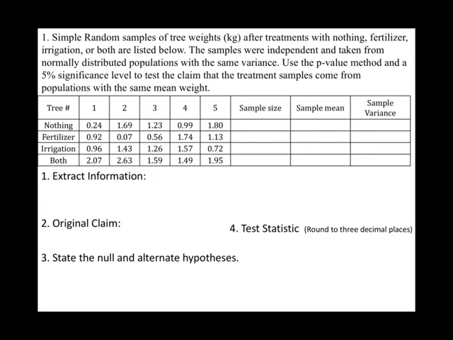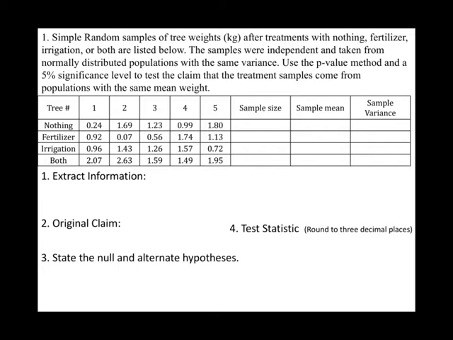Example 1. Simple random samples of chick weights after treatments with nothing, fertilizer, irrigation, or both are listed below. The samples were independent and taken from normally distributed populations with the same variance. Use the p-value method and a 5% significance level to test the claim that the treatment samples come from populations with the same mean weight.